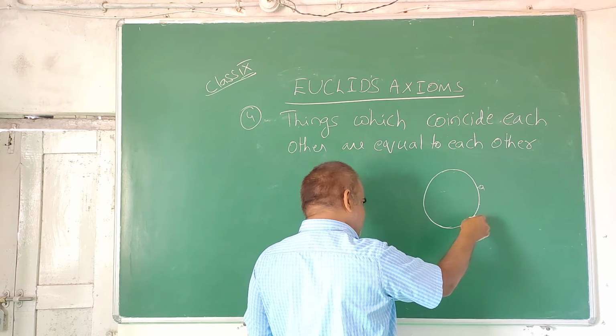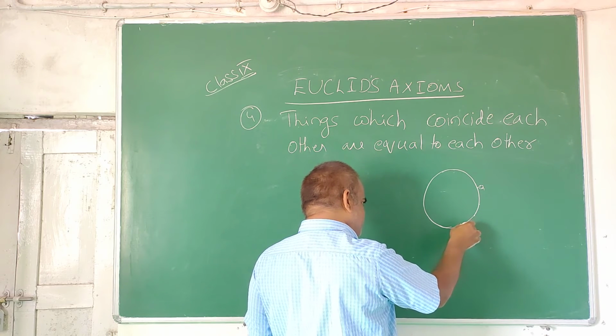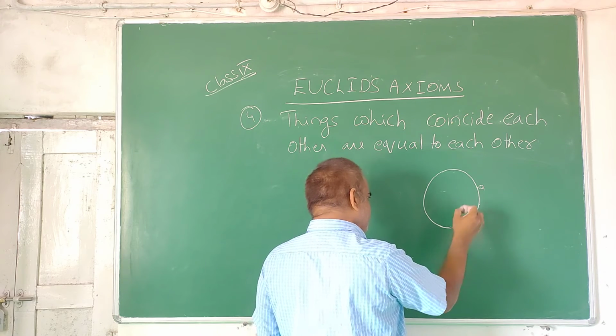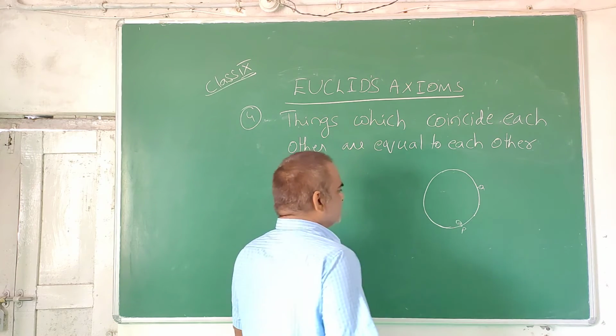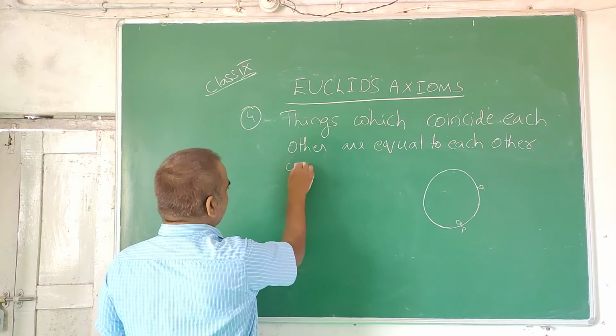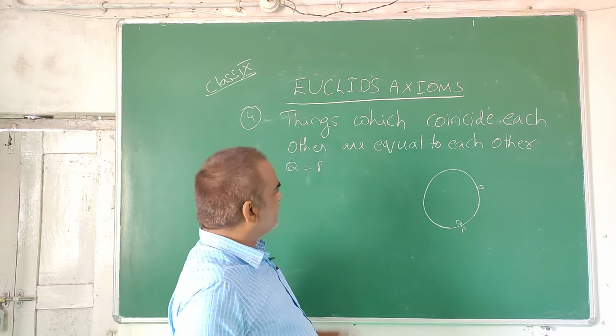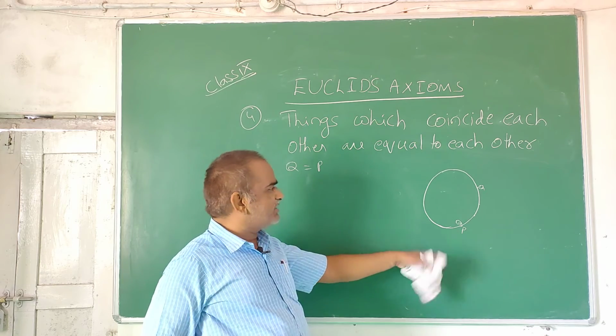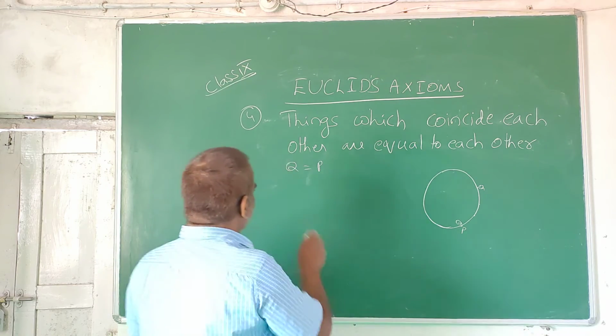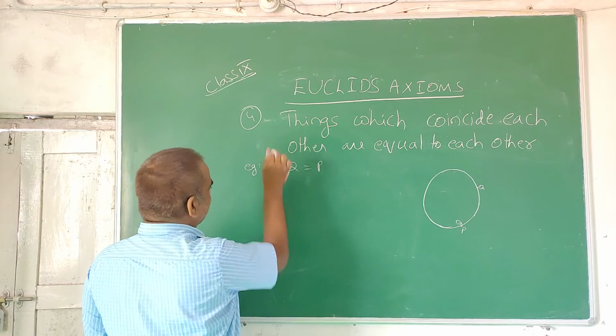These are the various positions of the point Q. At some stage, that Q coincided with P. Then that Q will be equal to P. So things which coincide with each other are equal to each other. So the point Q is equal to P. This is one way of explaining. So this is a good example.